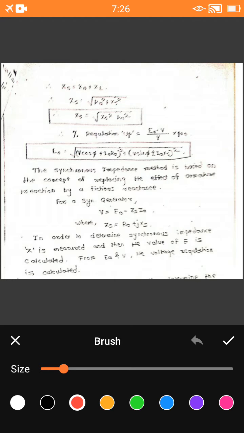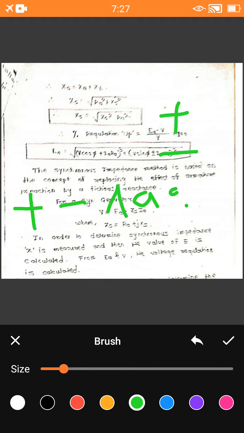Keep in mind why there is a plus or minus sign: in concern with the alternator, if the alternator has a lagging power factor, then the sign is positive. If the sign is negative, that means it is a leading power factor. So this is the formula to calculate the value of E0 for both lagging and leading power factor.